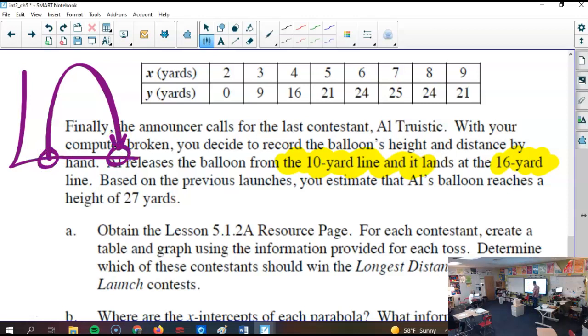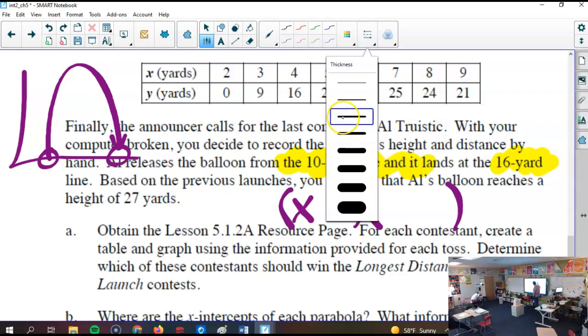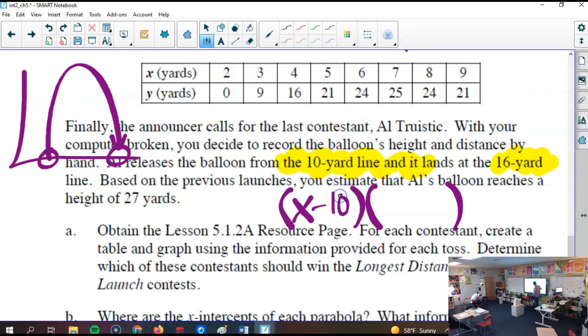The 10-yard line and 16-yard line are the points 10, 0 and 16, 0. So really it's x minus 10, x minus 16.